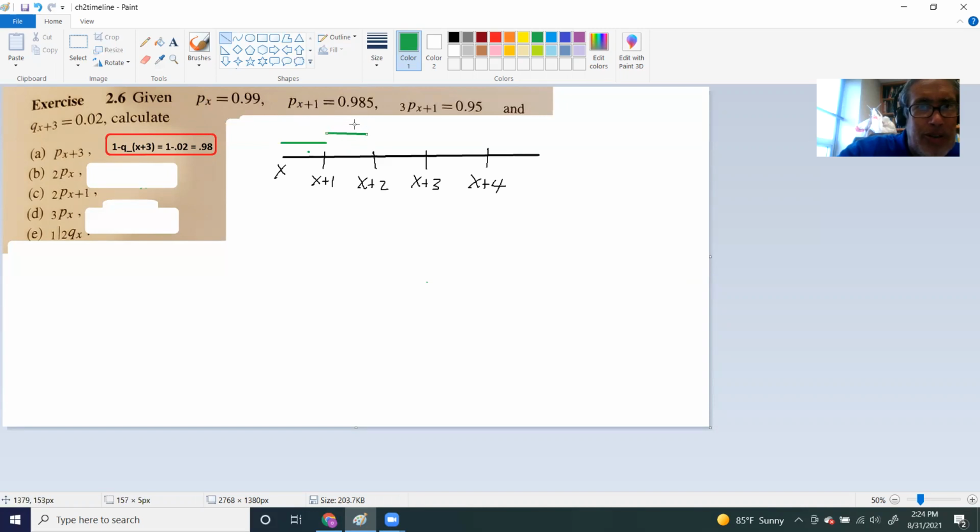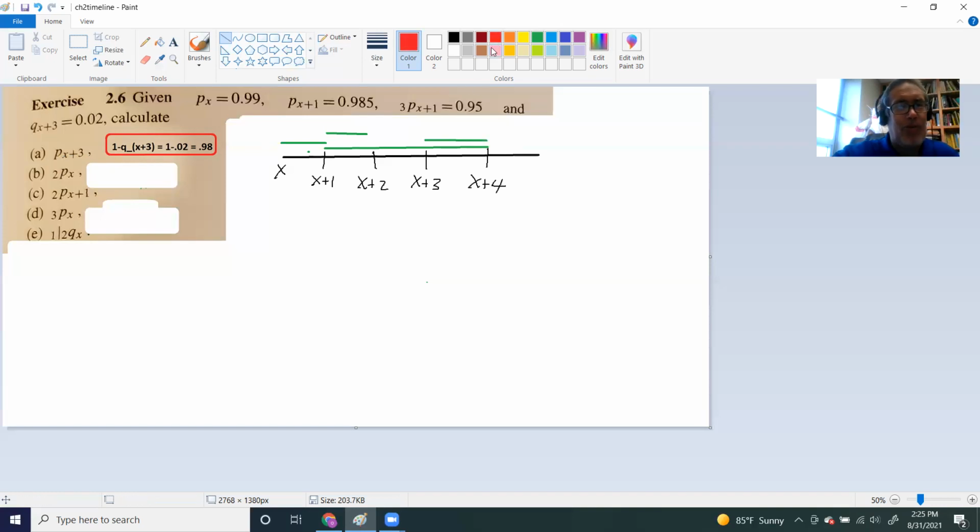And what we also have known is that if we start at x plus 1, we go all the way out to x plus 4. So these are all known. And because we calculated the probability that a life age x plus 3 lives a year, we have this one as well. So we'll put those on.